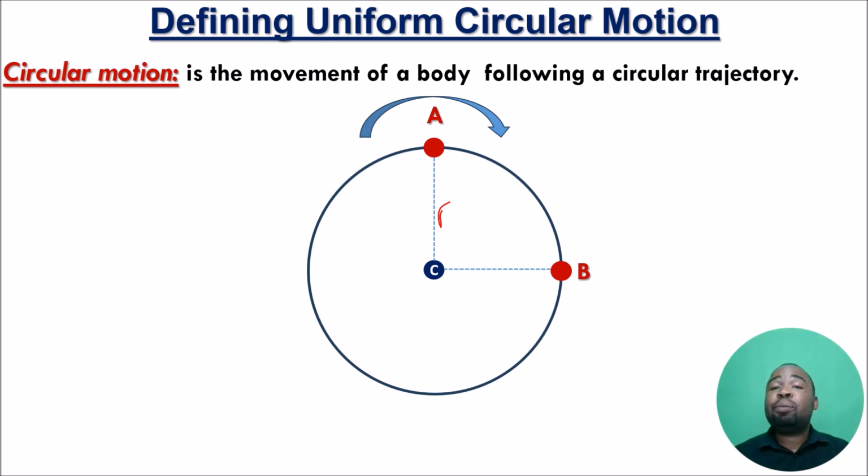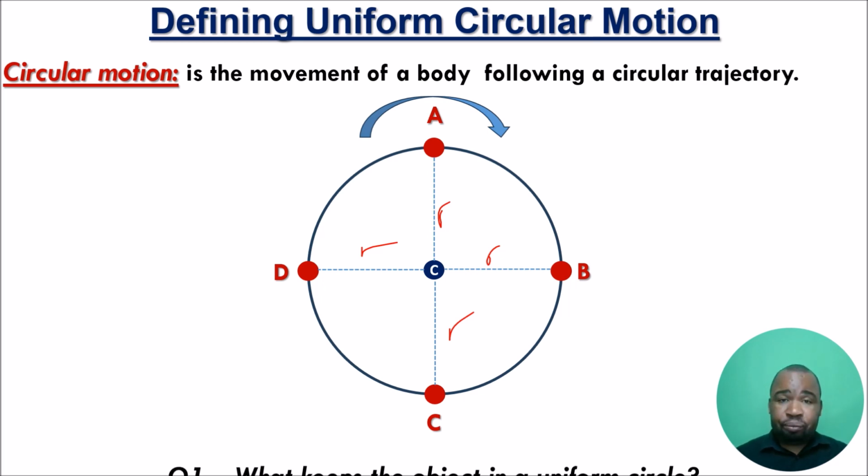When it reaches point B, it will still be separated by the same radius R. Therefore, we say it's maintaining the same distance from the center. When it reaches the next point, it's still separated by the same radius R, since it's uniform circular motion. So the radius of the circle remains the same, even if the position of the object is changing.